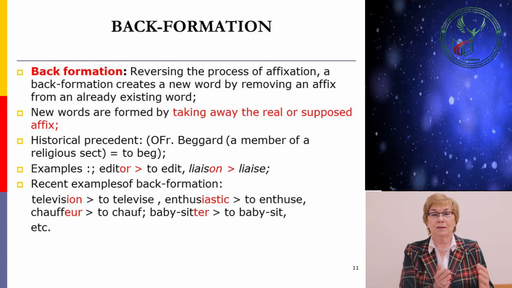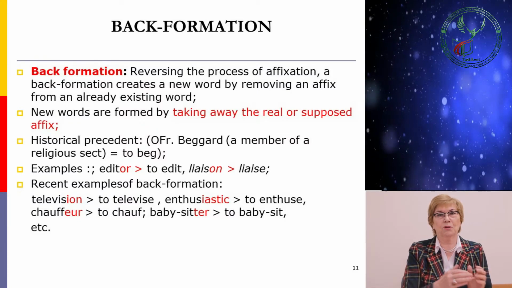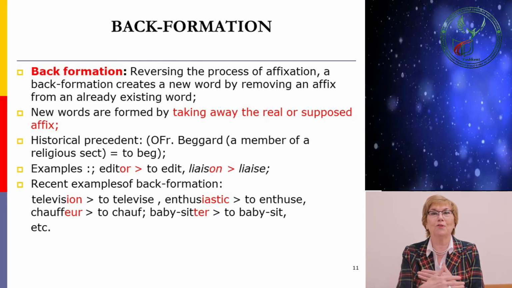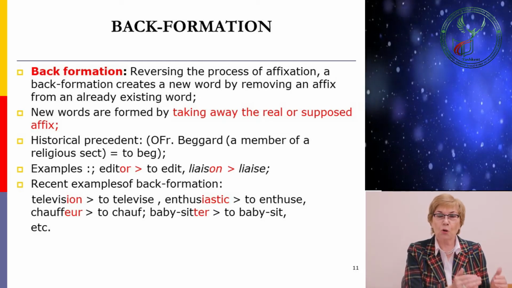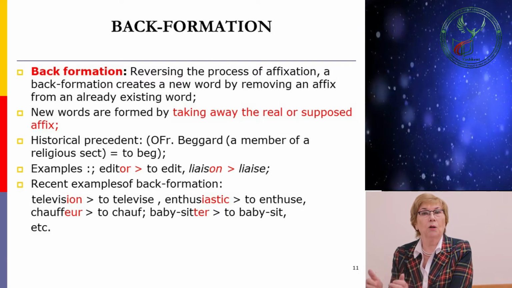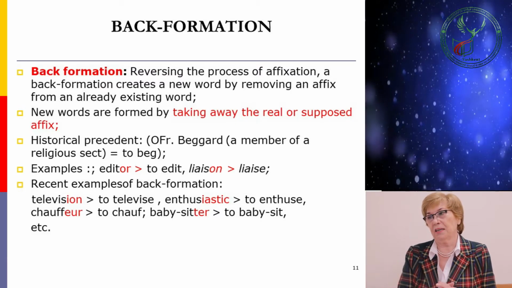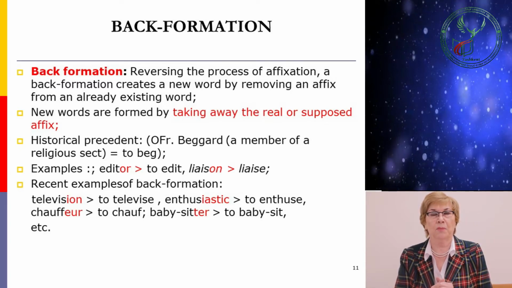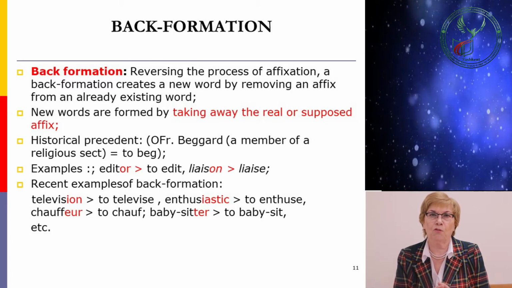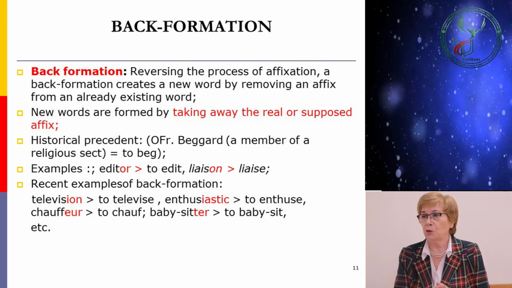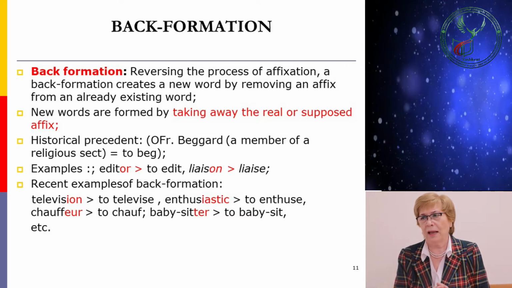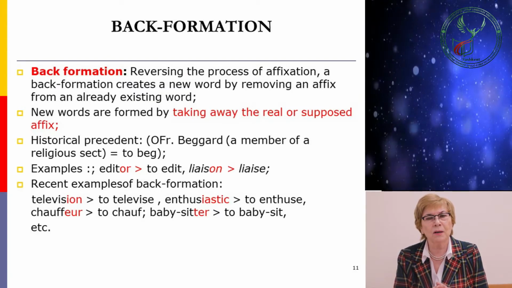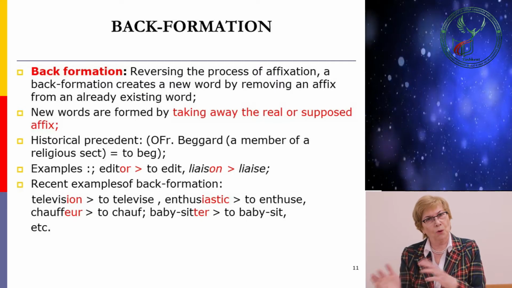So actually, the verb to beg was made from the noun beggar, and that is why it is reversion. A shorter word was made from a longer word. And here you see the examples, maybe the oldest examples of backformation: to beg, to edit, to battle, to butcher, to butch. So from butcher.